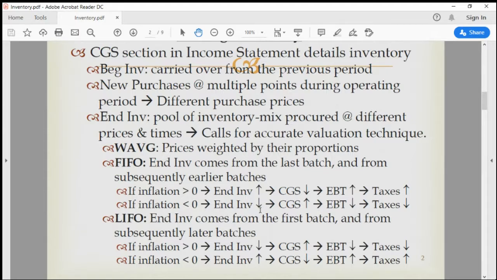Makes sense? They don't allow it. If that is the case, the IRS will always be at the losing end. So that's the reason behind LIFO and FIFO.